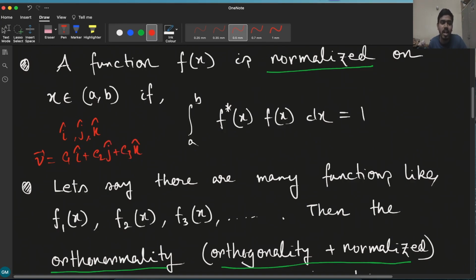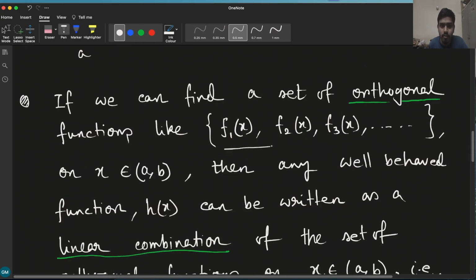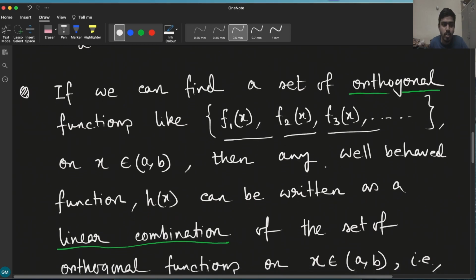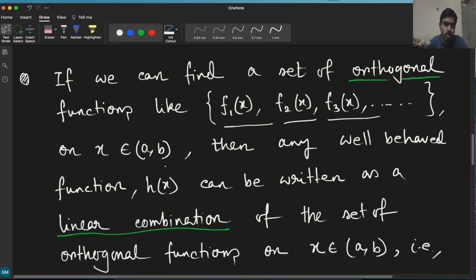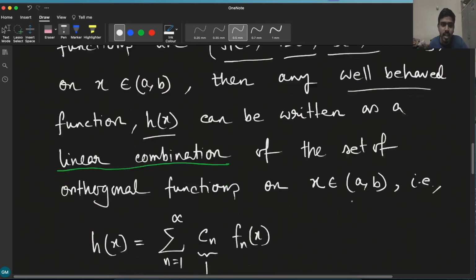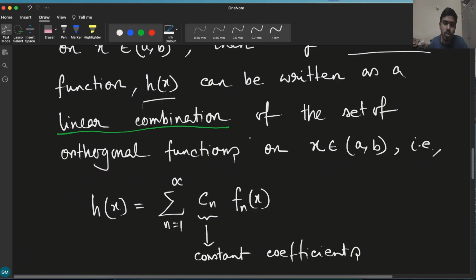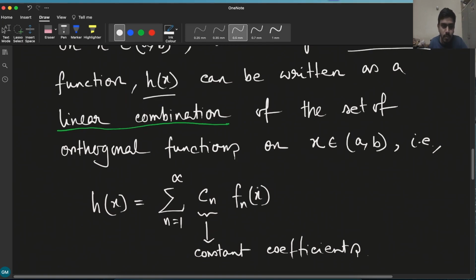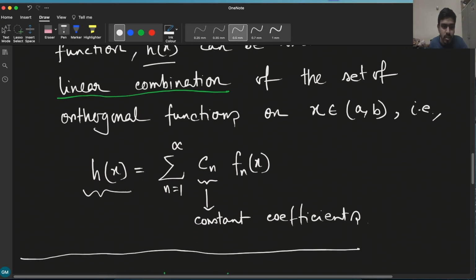Similarly, if we get a set of orthogonal functions like f1, f2, f3 and so on on this interval x from a to b, then any well-behaved function, for example h(x), can be written as a linear combination of the set of orthogonal functions, just like we did in the case of orthogonal vectors. So this is how any function in the interval a to b can be written as a linear combination of these orthogonal functions f_n(x).